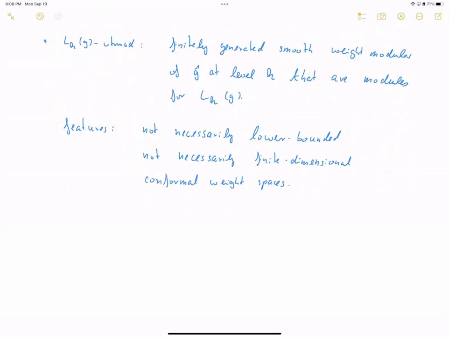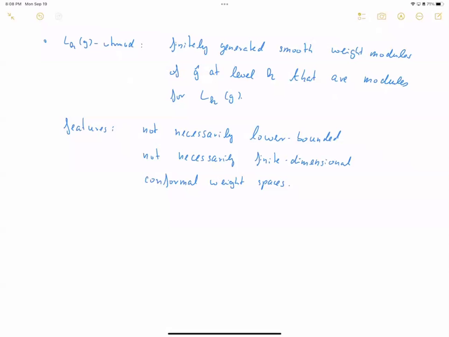And now the story is that one important result was that, first of all, simple lower bounded modules can be classified. Kawasetsu and Ridout did that. But then it turns out every simple module is related to a simple lower bounded module via the spectral flow automorphisms.